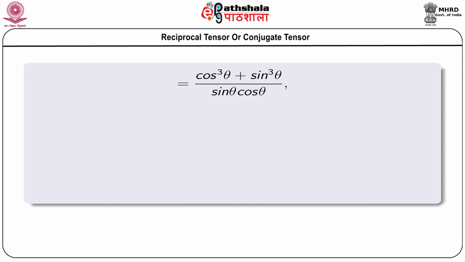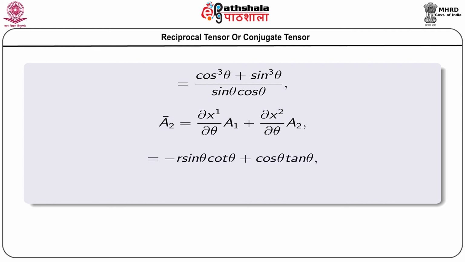And if I simplify, it comes to cos cube theta plus sin cube theta by sin theta cos theta. And similarly, a bar 2 is coming to del x1 by del theta times a1 plus del x2 by del theta times a2, and that is coming to minus r sin theta cot theta plus cos theta tan theta, which is coming to r sin theta minus cot theta. So, a bar 1 and a bar 2 are the components of the covariant vector in polar coordinate system.